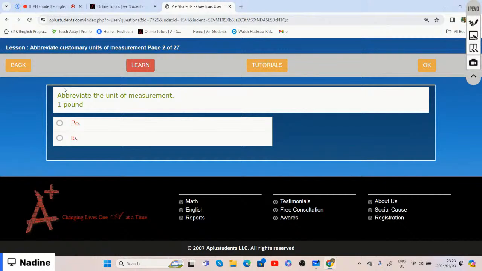Remember I said pound is the only word that you shorten, but it does not have the same letters. So pound, we need to shorten pound. Is it PO or LB?